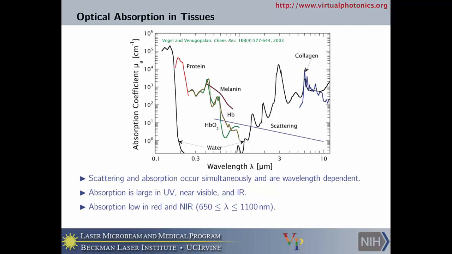What's very interesting, as you all know, is that as you go from orange to red, all of a sudden tissue becomes much, much less opaque, because the absorption of blood, whether you're looking at oxygenated or deoxygenated species, plummets by 2 to 3 orders of magnitude. And all of a sudden, you have absorption that's much lower than the typical amounts of scattering in the tissue, and you can penetrate deeply.